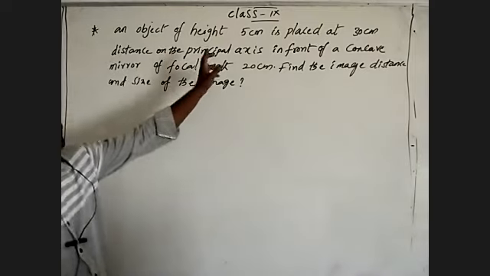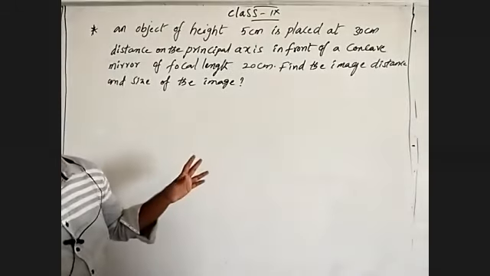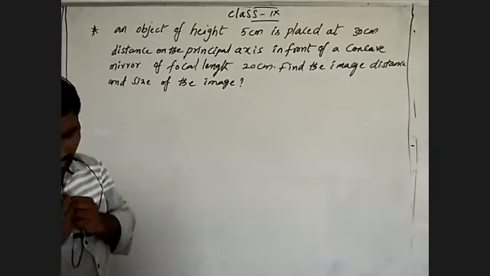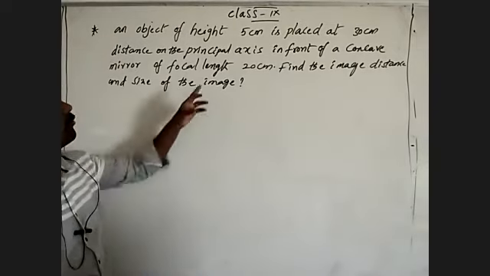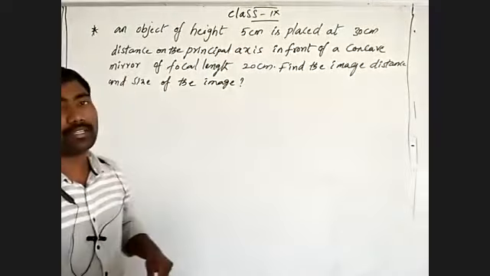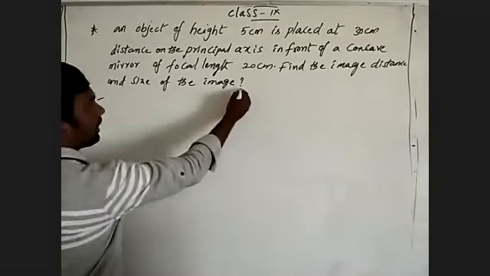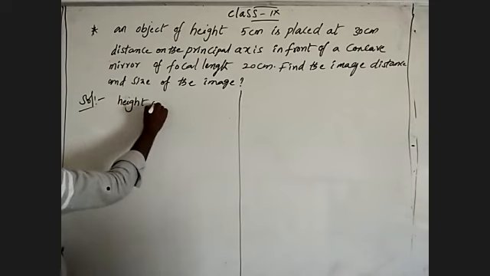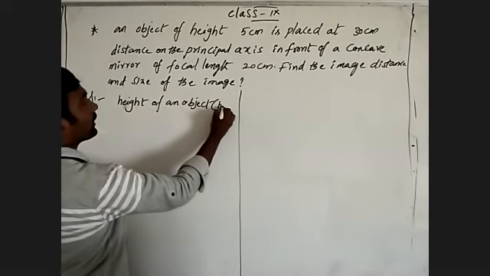An object of height 5 centimeter. The height of the object is given. Let's write the height of an object, h naught.